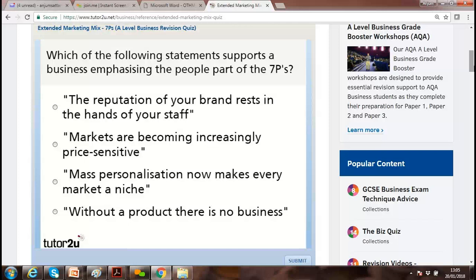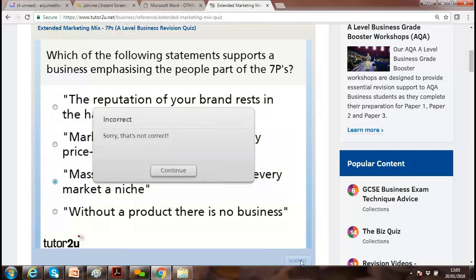Mass personalization now to make every market a niche, and without the product there is no business. What do you think?